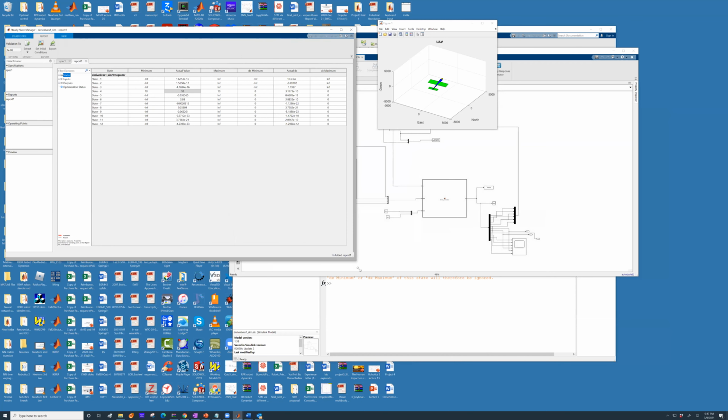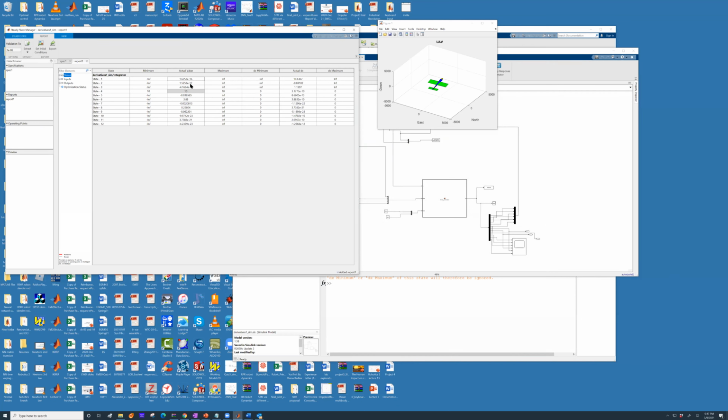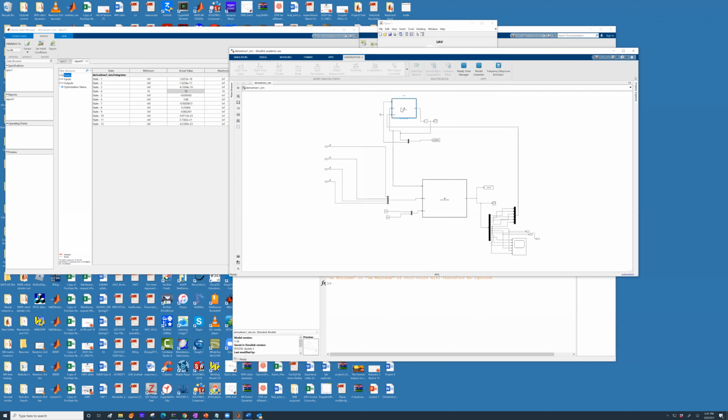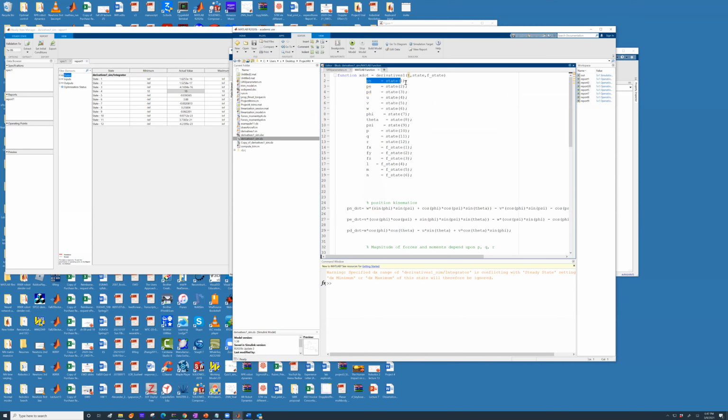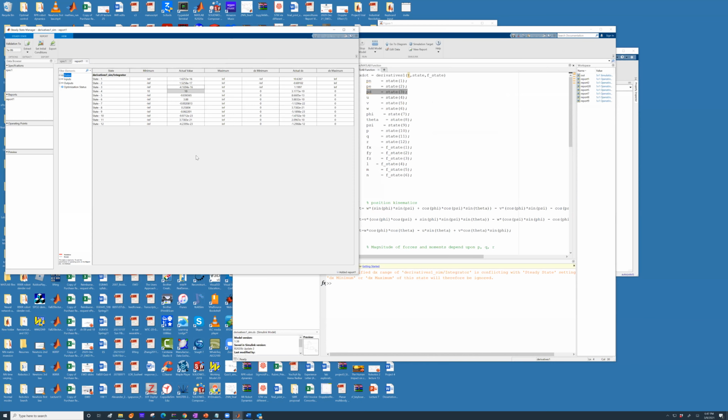Let's look at this answer and see what it is telling me. It is telling me my state 1 is 0, state 2 is 0, state 3 is 0, which means my Pn is 0, Pe is 0, Pd is 0.